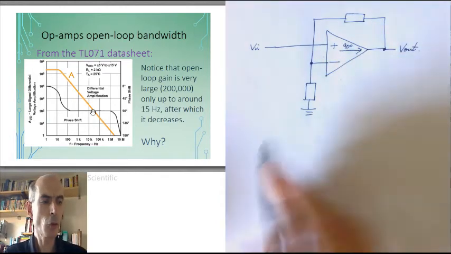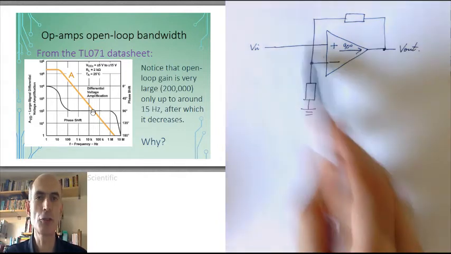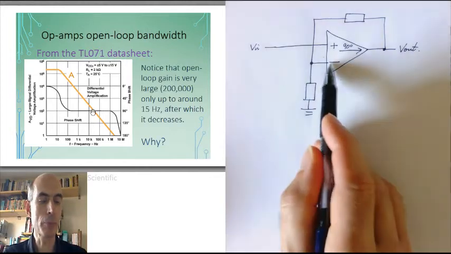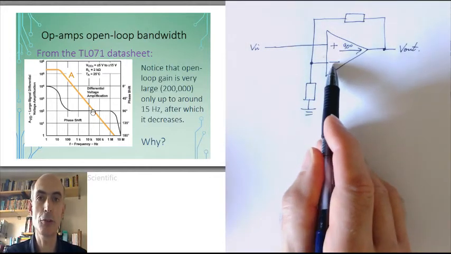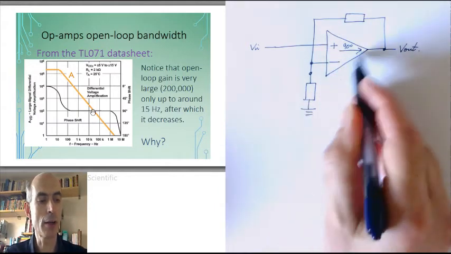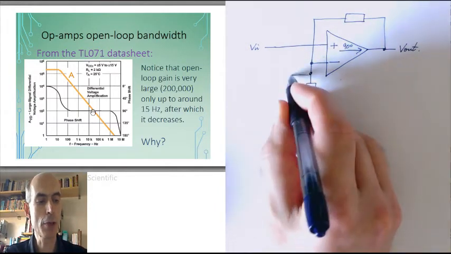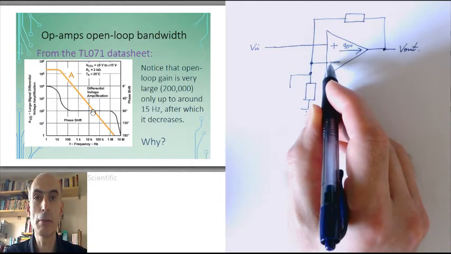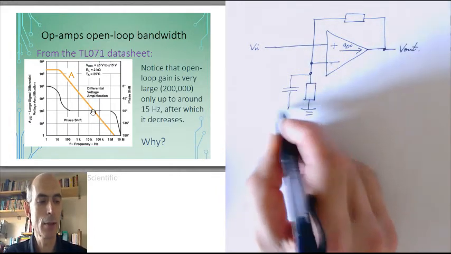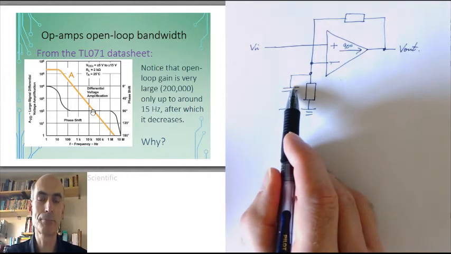Now, there are going to be some stray capacitances around in the circuit. If nothing else, the op-amps have a small input capacitance themselves. So if we just assume this is an ideal op-amp and draw the internal input capacitance of the op-amp outside it for now, there's a small capacitance here.